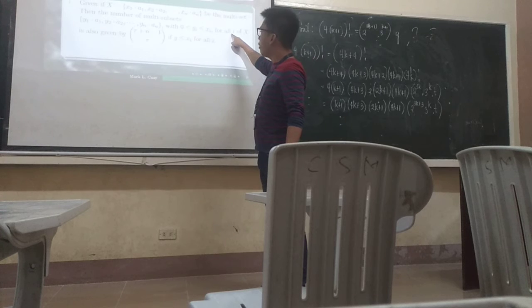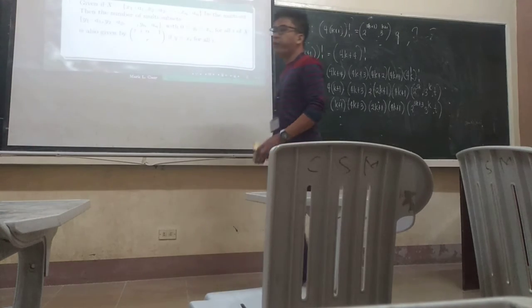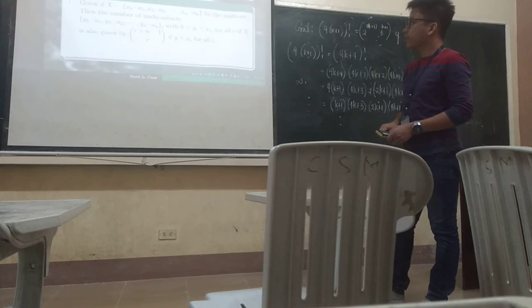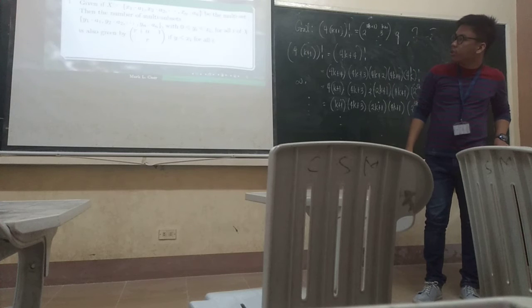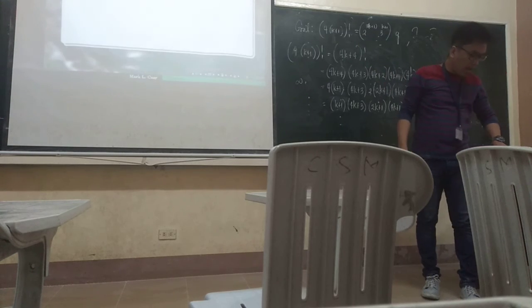But for all i of x is given by this. Provided for all i. And the rule that defines f in this case is the same with that of f inverse.